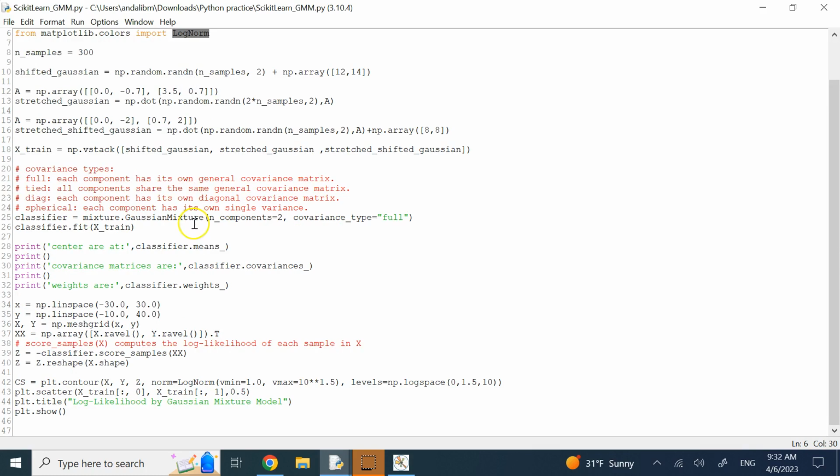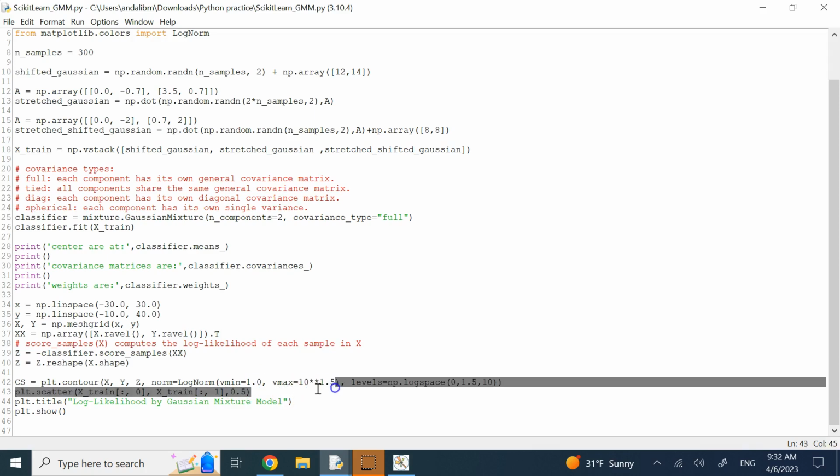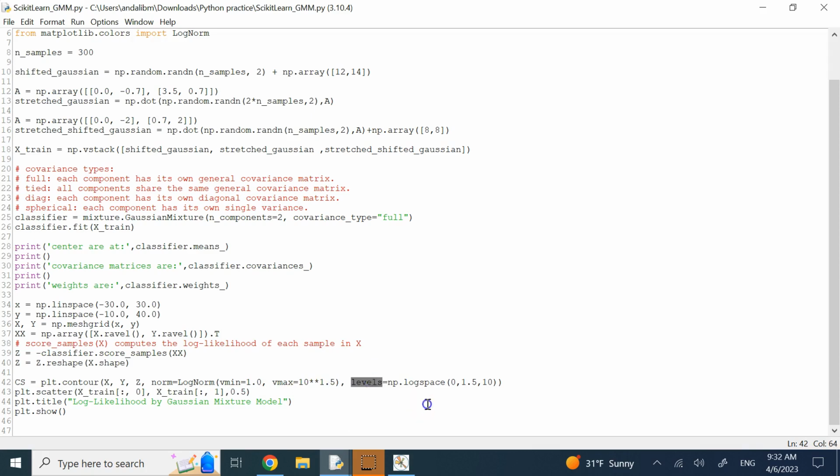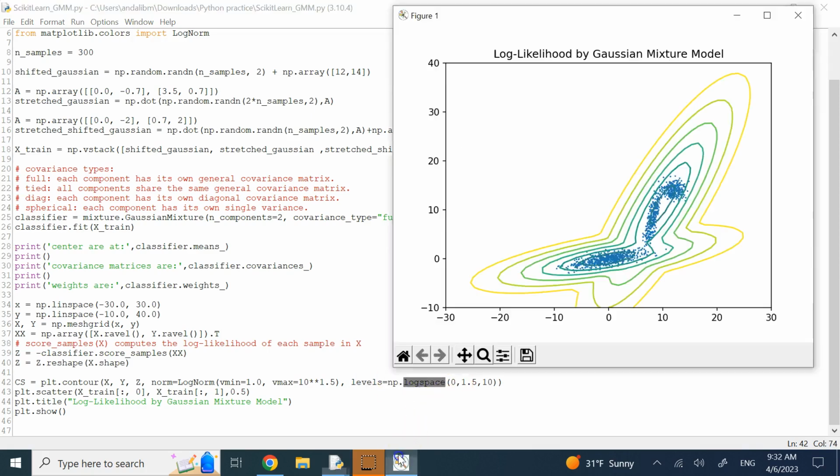You need to bring this guy, and then here, the norm for those contour lines, use a LogNorm, and the min and the max are 1 and 1.5. So this is 10 to the 0, which is 1, and the next one is 10 to the 1.5. And for my levels, I go from 0 to 1.5 at 10 levels. Okay, so I use levels numpy.logspace. Okay, and this is what you get here.